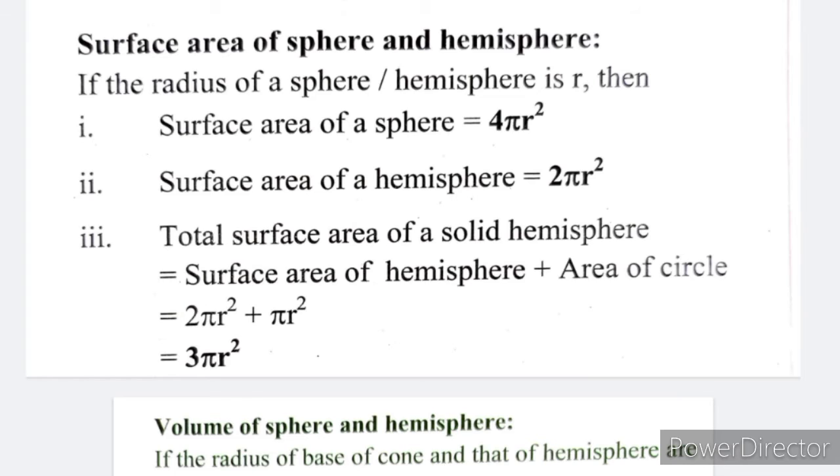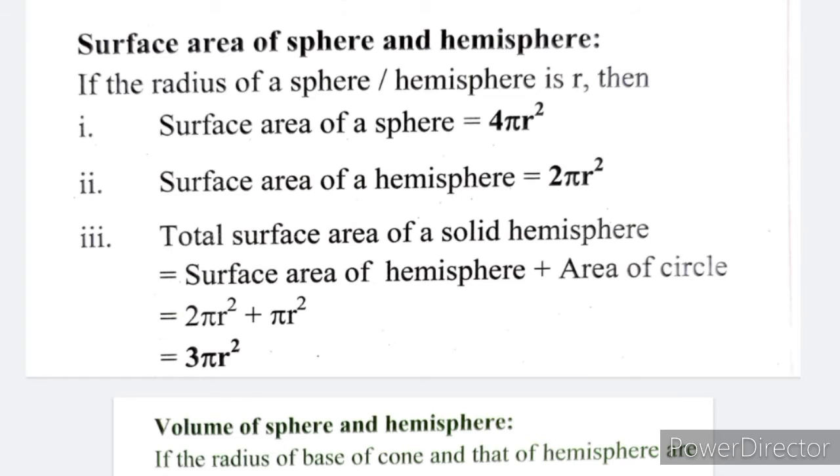So which are the formulas for surface area? The surface area of a sphere is 4 pi r square. You just remember that. And the surface area of a hemisphere is 2 pi r square. Now only 4 becomes 2. Why? Because a hemisphere is the half part of a sphere.